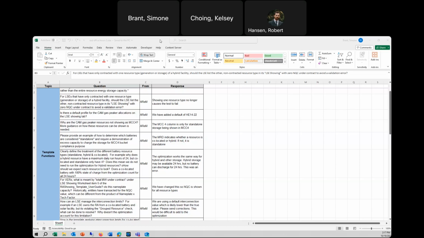For co-located resources, it takes the sum of as many co-located resources as exist. And then it shows that as available capacity for charging during any hour where the storage resource is not otherwise being used.